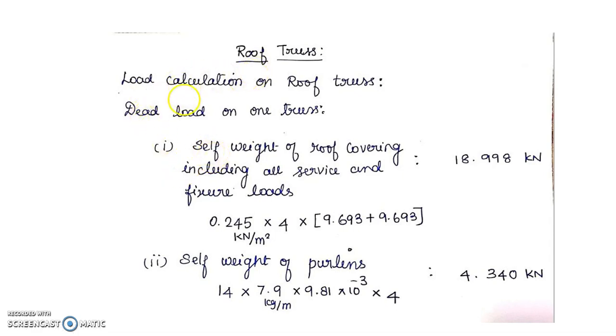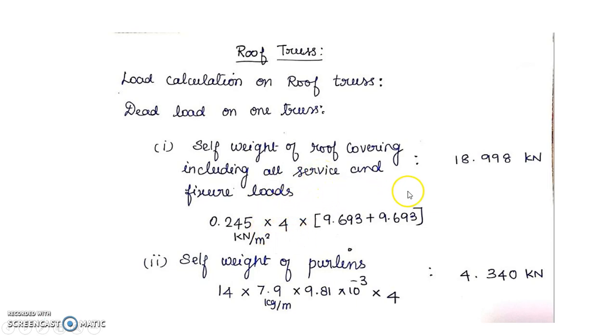First, I will consider the self-weight contributed by the roof covering material. In this calculation, I consider the unit weight of roof covering material, including the service and fixture loads.